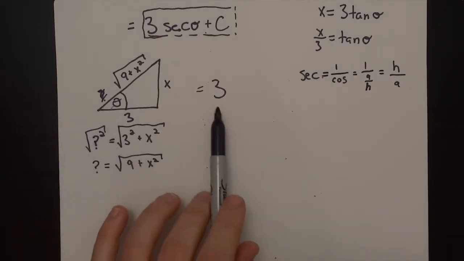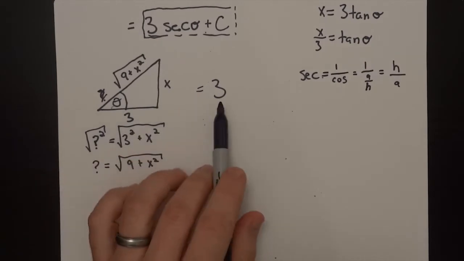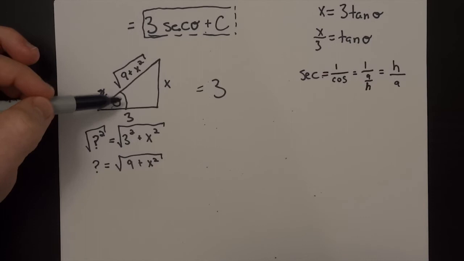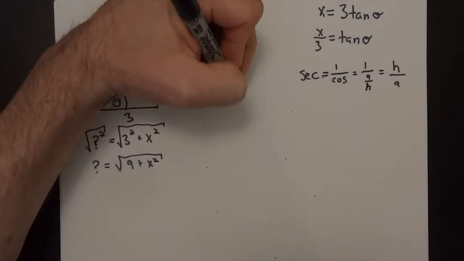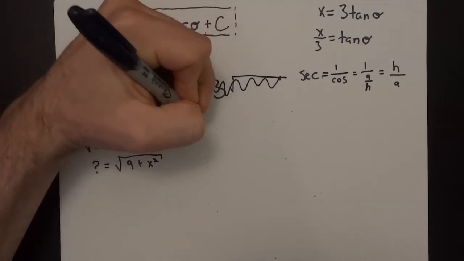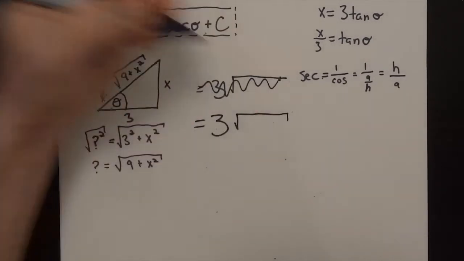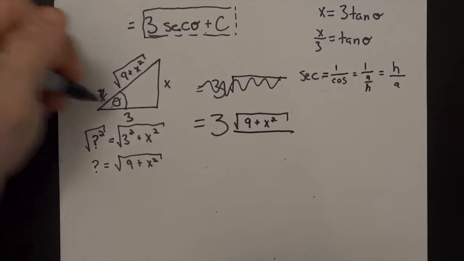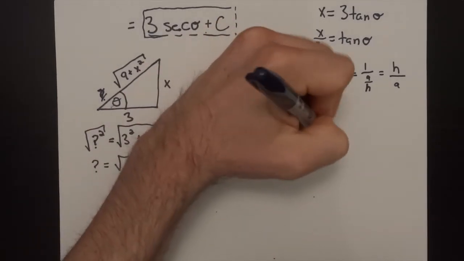And so, our initial answer was 3 secant theta plus c. Well, we can start writing that as 3, and then secant of theta we can get just doing this, which is hypotenuse over adjacent. Well, hypotenuse is just, let me write this down below actually so it's a little bit more clear, so the hypotenuse is just the square root of 9 plus x squared over, and then adjacent, which is 3, plus c.